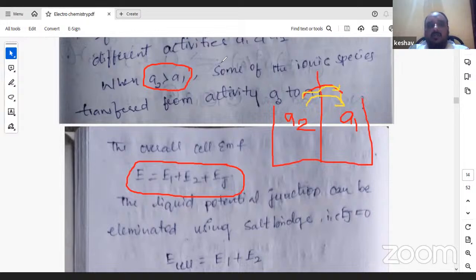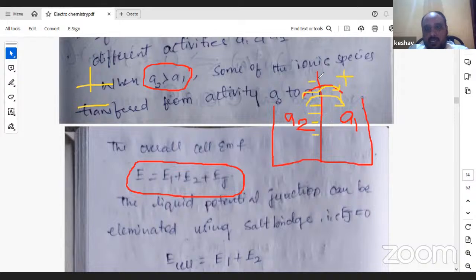Ionic species means what? Either positive ion or negative ion. If positive ions are moved from A2 to A1, one positive moved means one negative is left more here. That negative is deposited at the junction. Another positive ion is transferred, another negative ion, and so on.